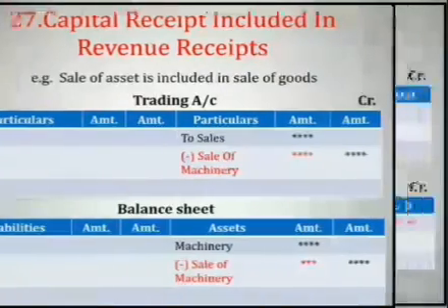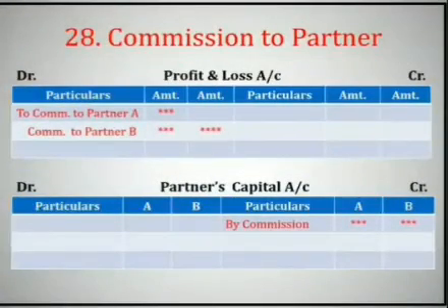Then commission to partner. Here whenever the partners decide that they are going to get the salary or commission, that time we have to give the effects to the profit and loss account and the partners' capital account.